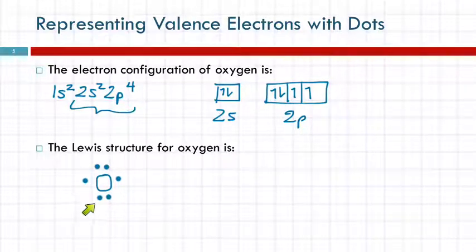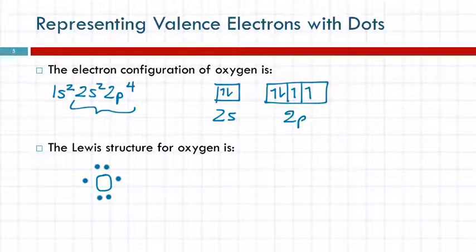That actually corresponds to the dots here. There's a pair here, a pair there, and 2 singles. These atoms react in a way so that they can get 8 electrons. That would correspond to 2 dots on top, 2 on the bottom, 2 on the right, 2 on the left.